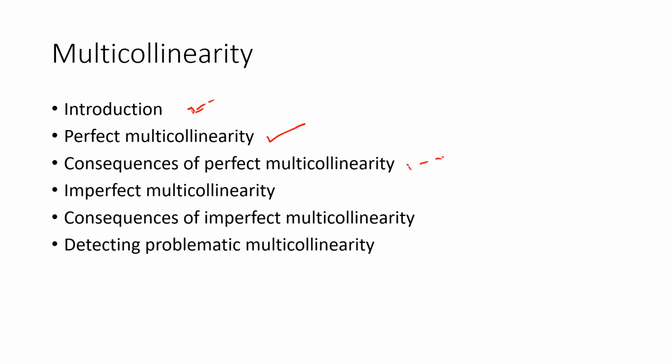Then we will move on to imperfect multicollinearity and the consequences that occur because of it, and then how we are going to detect whether a regression equation has the issue of multicollinearity, what the method of detection is, how we can resolve it if we have multicollinearity in a model, and whether that multicollinearity is actually problematic or not. We will be discussing that in our model.